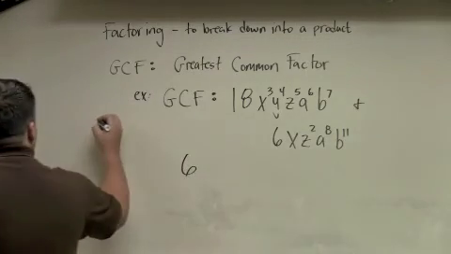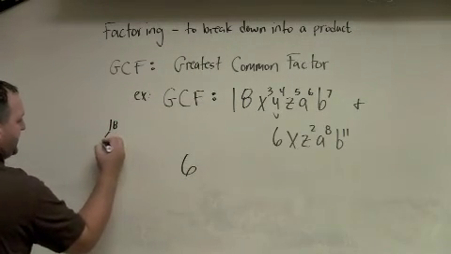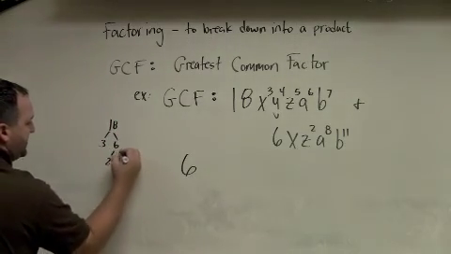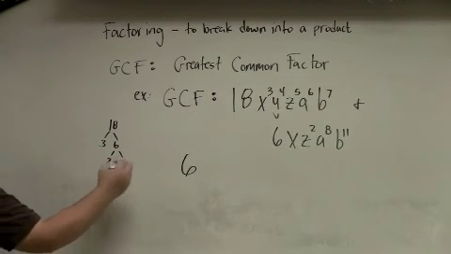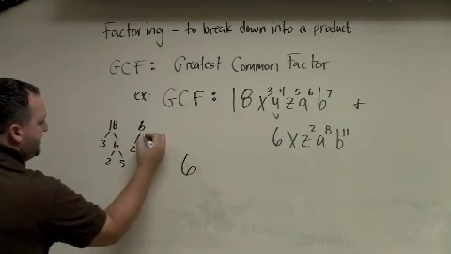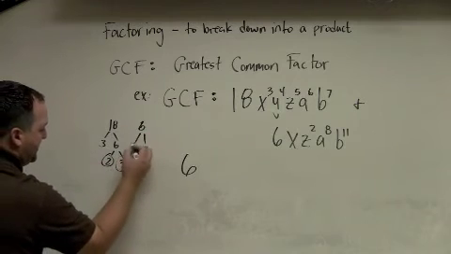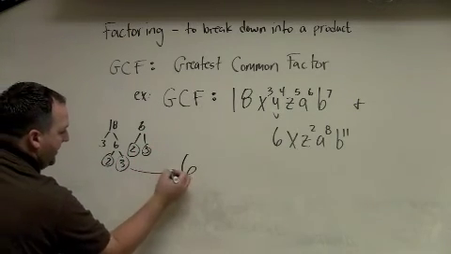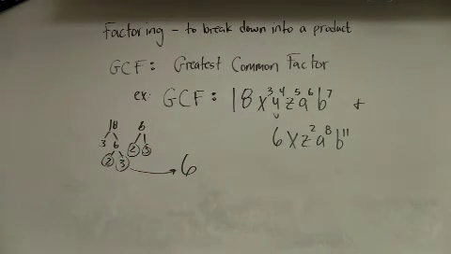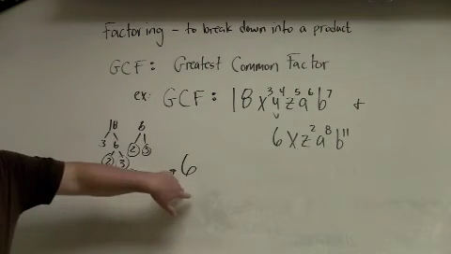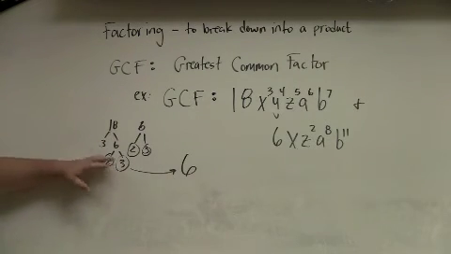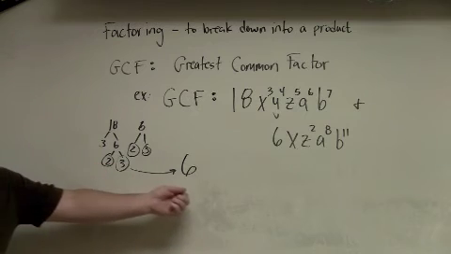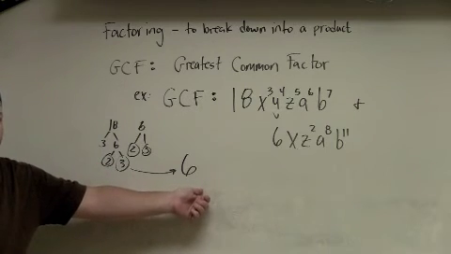Remember, if you break down 18, that's 3 times 6, and that's 2 times 3. If you break down 6, that's 2 times 3. Circle your matches. Multiply them together, it gives you 6. So if you didn't see this right off the bat, break it down into the prime factorization, circle your pairs, and multiply your pairs together to get the greatest common factor.